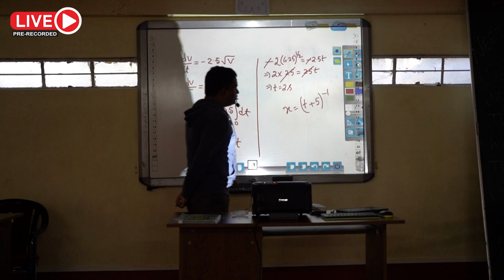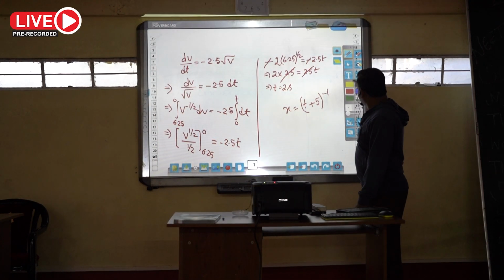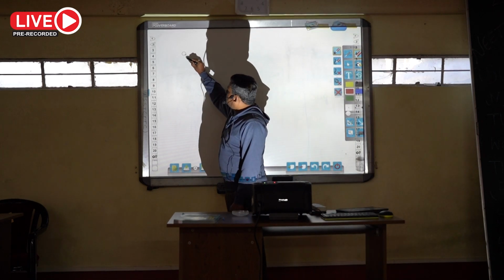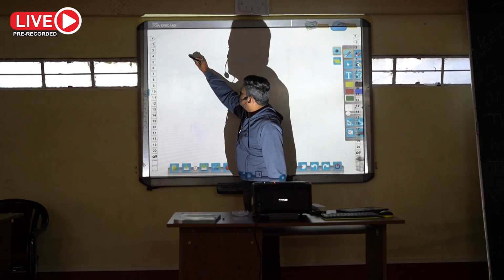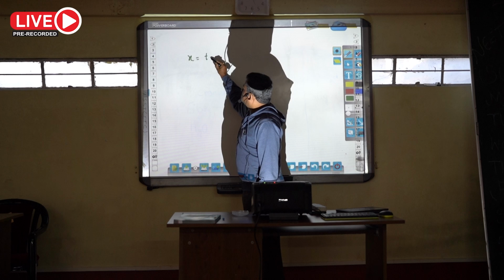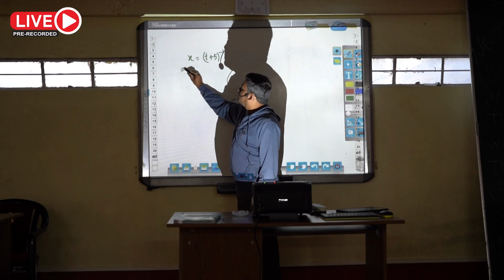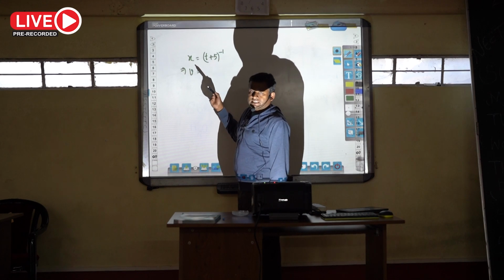This one is x equal to (t plus 5) whole to the power minus 1. So first calculate v. V means dx/dt.